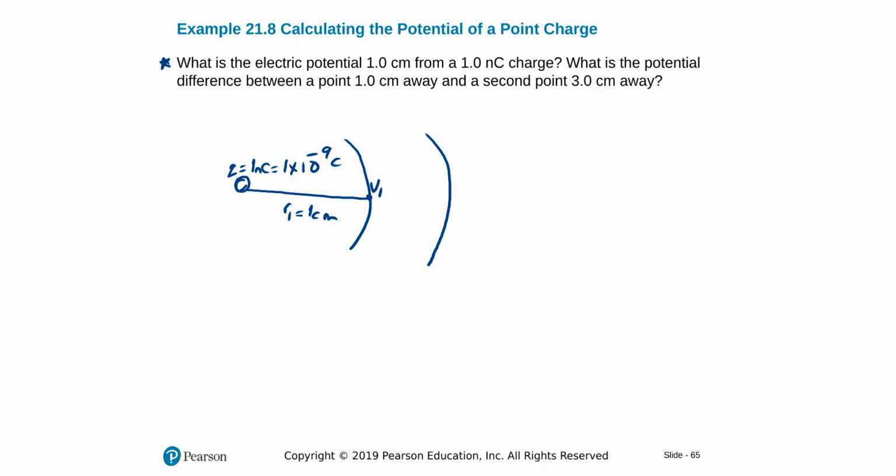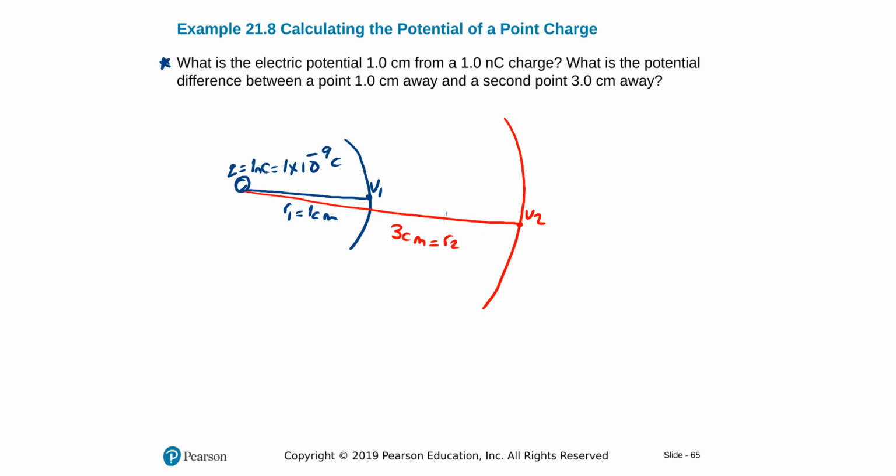What is the electric potential here? Let me draw it a bit farther. It's 3 centimeters, so it should be a little bit farther. 3 centimeters away, let's say here, R2, V2.